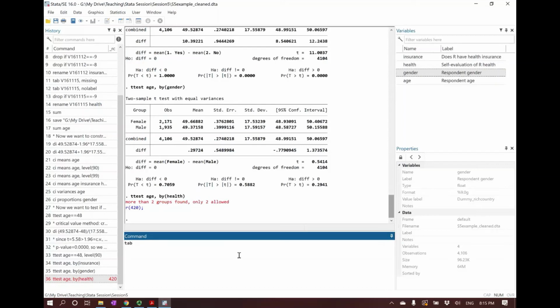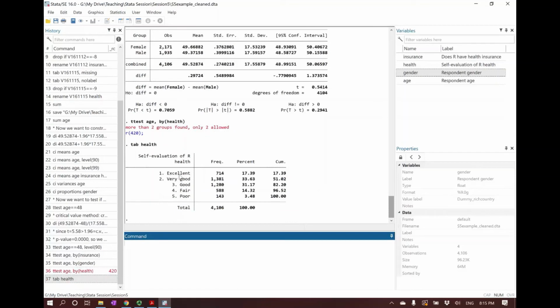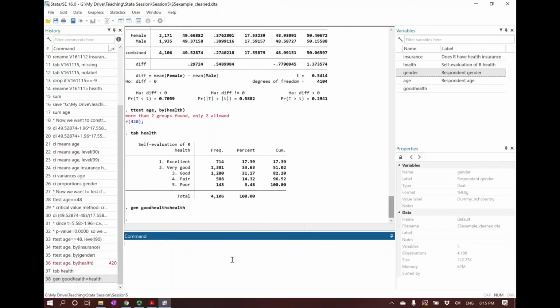So for example, if I tab health, I have excellent, very good, good, fair, and poor. So probably I can generate a new variable called good health equal to health. And I'm going to recode this good health variable so that 1 to 3 is good. So I can do from 1 to 3 being 1 and from 4 to 5 being 2 or being 0.